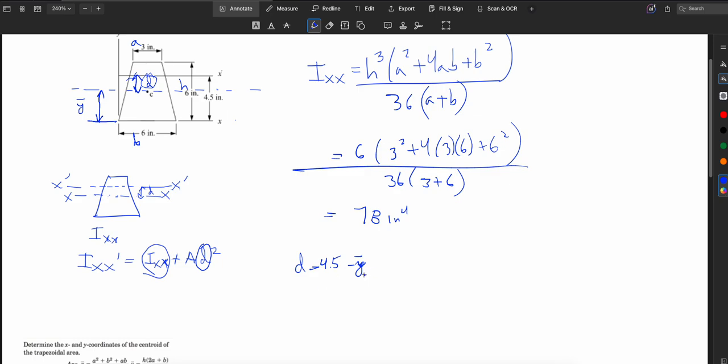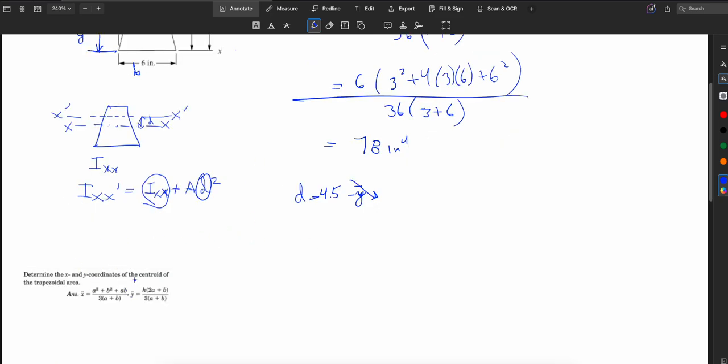That y bar is going to be a formula given here. I got this from a YouTube video where they just screenshotted the formula for the centroid. So y bar is h times 2a plus b, divided by 3 times a plus b.